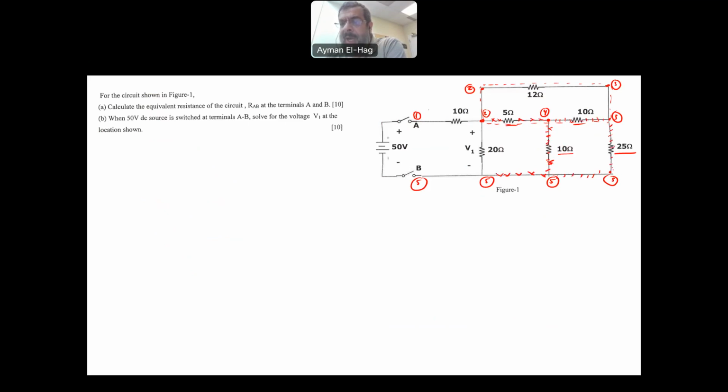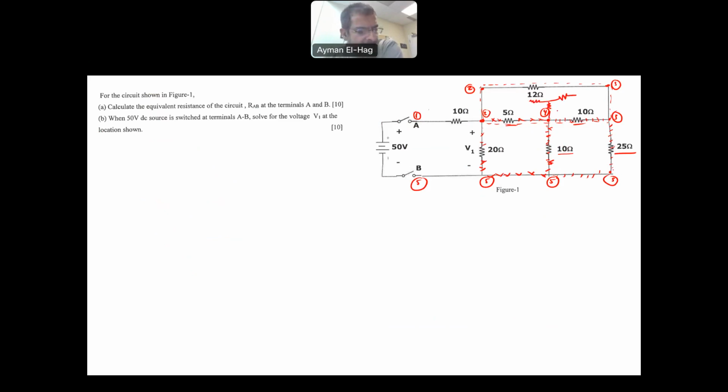Now, how many of those do I need to convert? From my experience, only one will suffice, and this will make the circuit much, much easier. So I will take the top one, and I'll come from here. I will have one resistor, another resistor, and a third resistor.